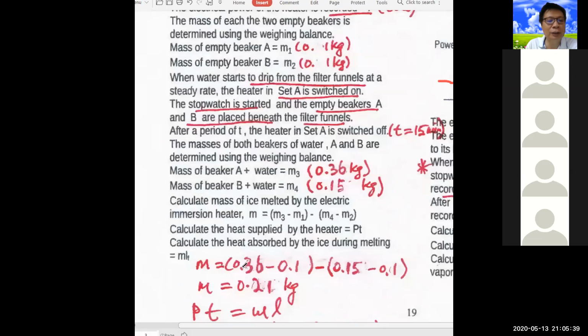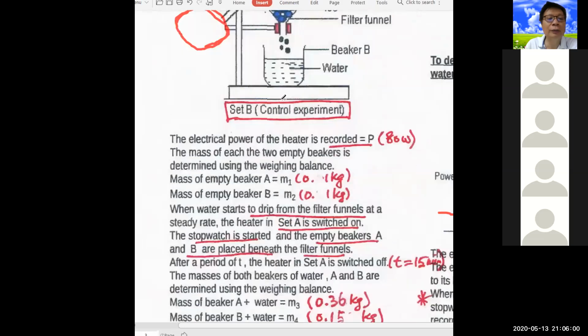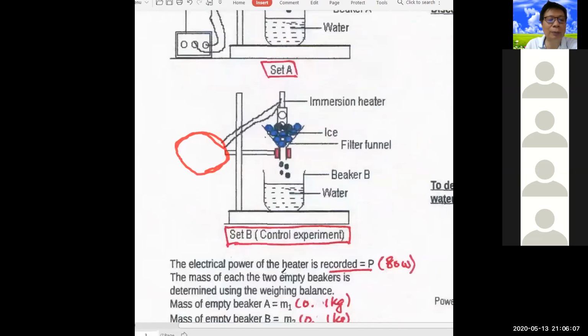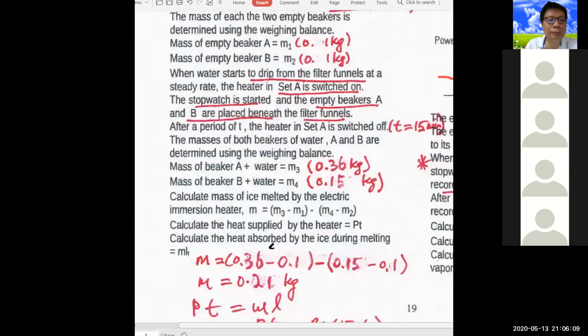Then you get 0.21. This 0.21 is the final mass of the ice melted by the heater only. Remember, take beaker A minus beaker B, so you get 0.21.